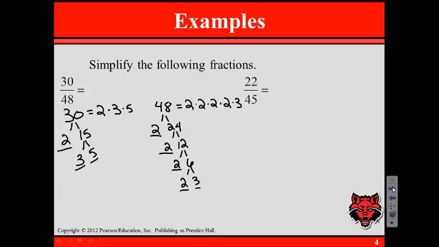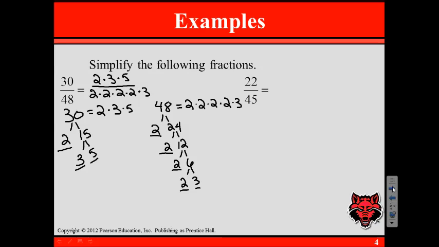Once we have found the prime factorization for both numerator and denominator, we're going to replace the original numbers with the factorizations. So 30 equals 2 times 3 times 5. 48 equals 2 times 2 times 2 times 2 times 3.